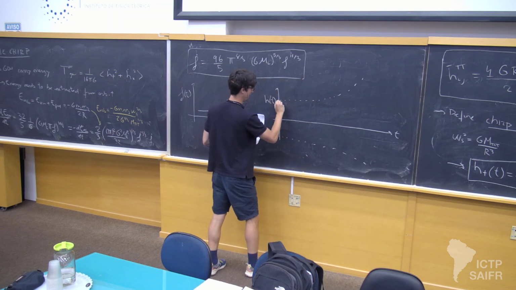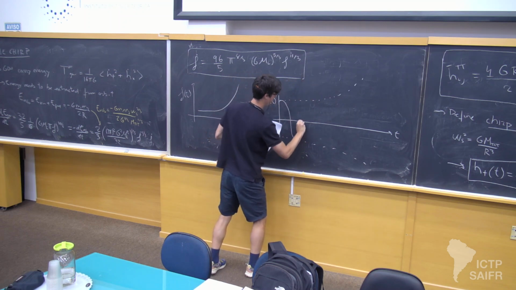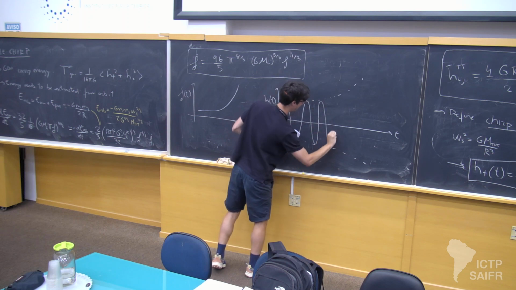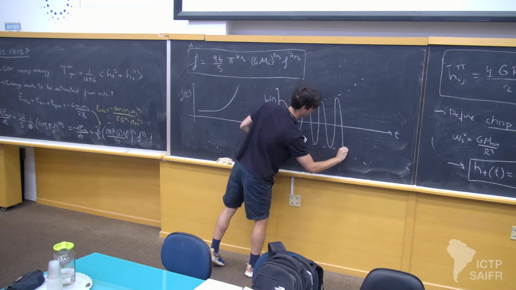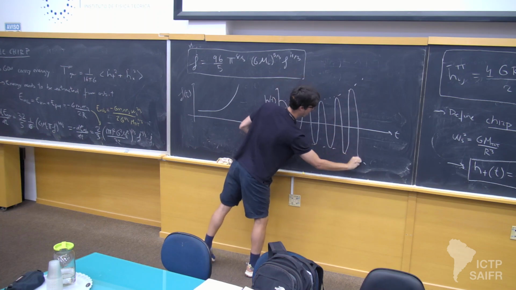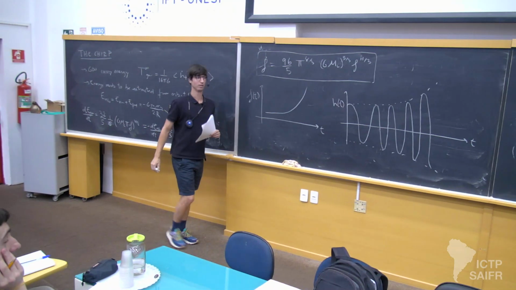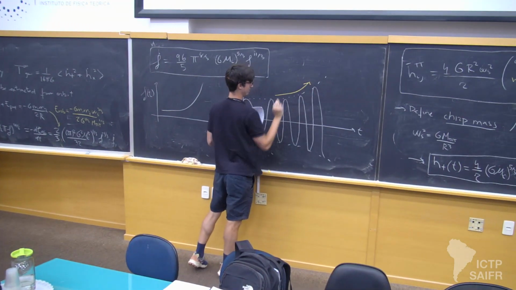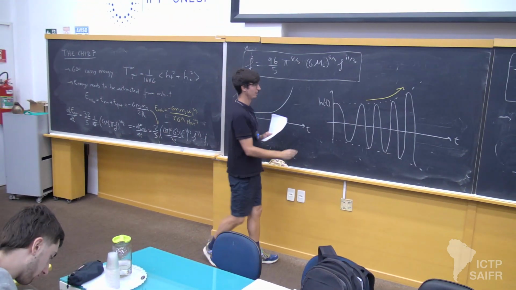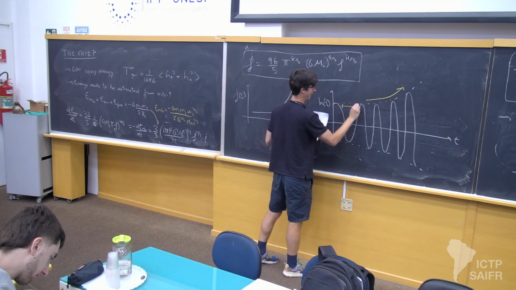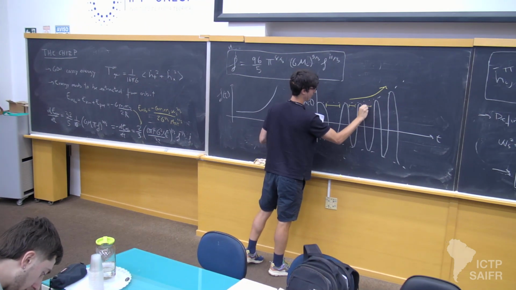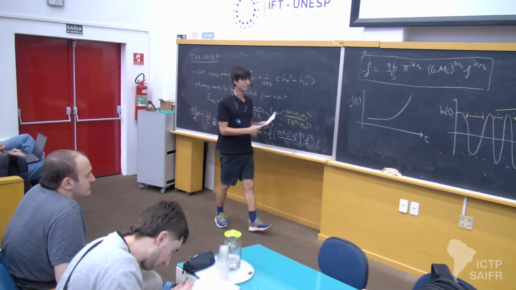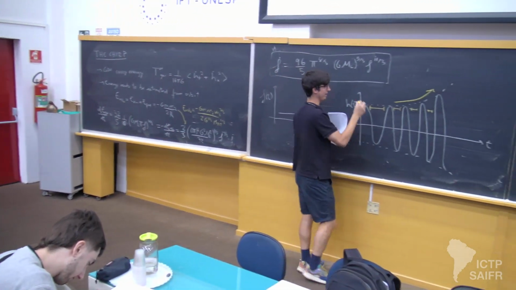What's going to happen is that the gravitational wave is going to start to oscillate faster and faster, and is going to get a higher amplitude. So what I'm trying to do, the best I can, is to show that the amplitude increases and also that it's oscillating faster and faster. So this is the result, this is called the inspiral phase.